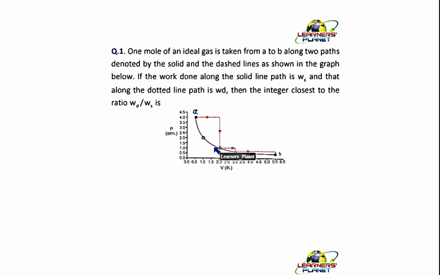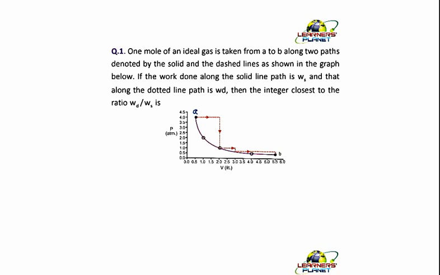The paths are A to B, this one, and the one with the dashed lines. If the work done along the solid line path is WS, and that along the dotted line path is WD, then the integer closest to the ratio of WD to WS is. So you have to find out the ratio in both the cases, right?